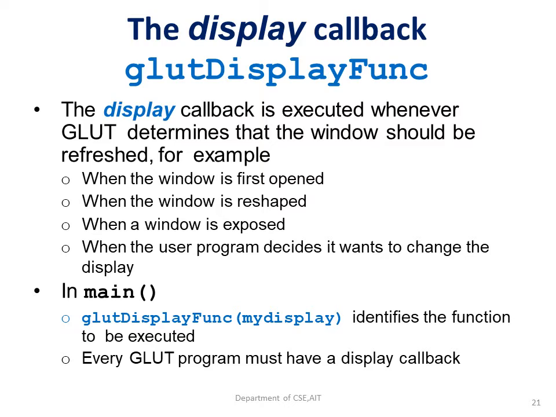Every GLUT program will have a display callback. So when I use glutDisplayFunc with a parameter, for example here myDisplay, it identifies which function has to be executed. So here the function named myDisplay has to be executed.